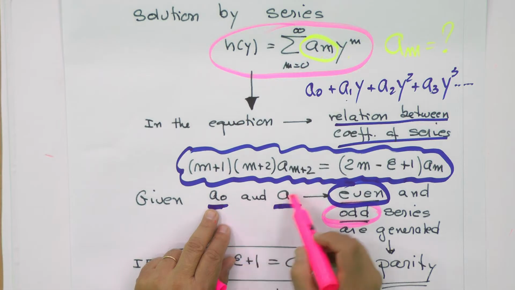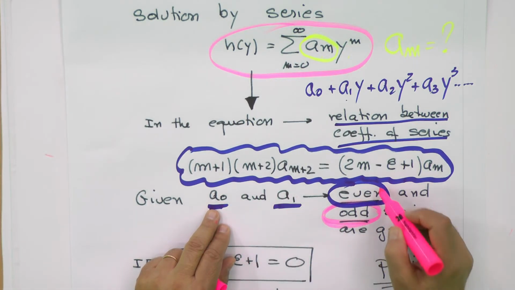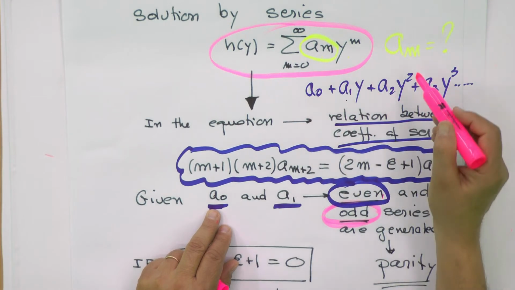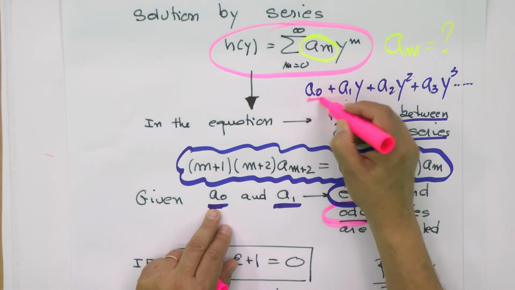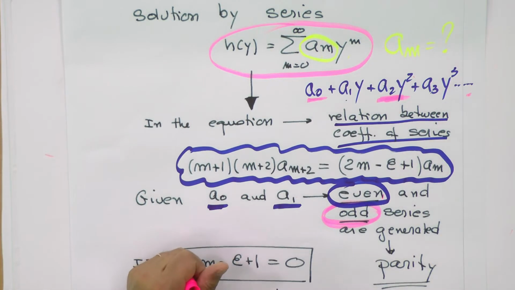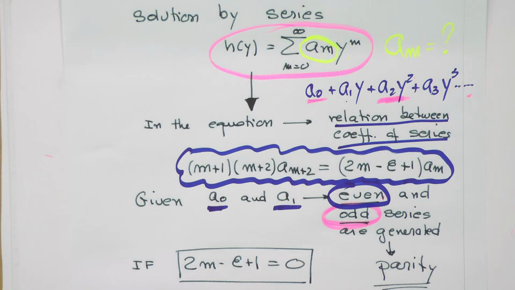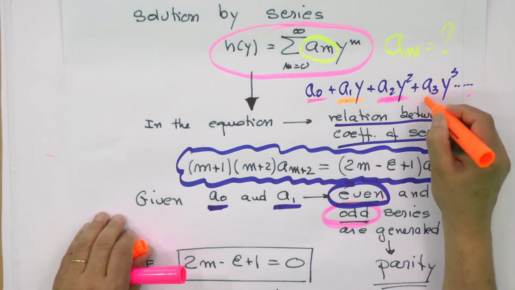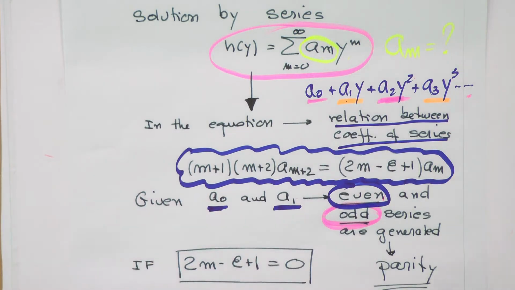So A0 is going to generate the even polynomial, or polynomial of even order: y squared, y to the fourth. While A1, A3, and so on will generate the odd series.